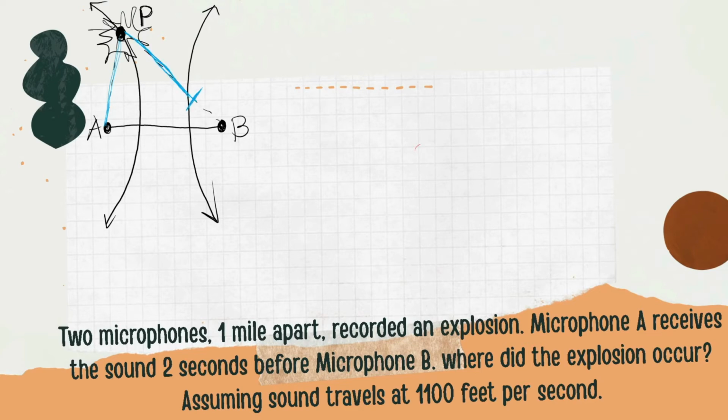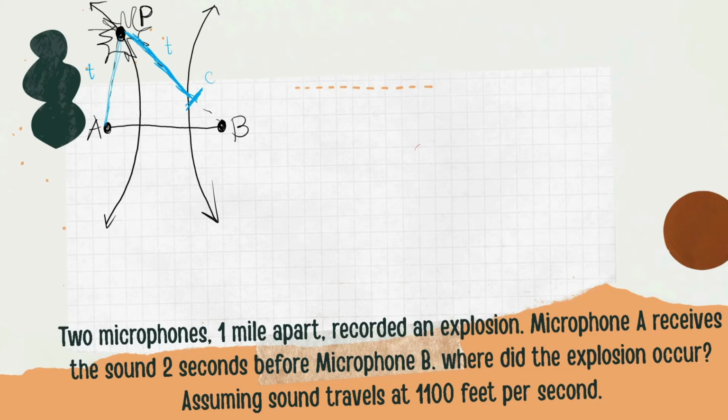At a certain time T, the sound has completed its travel to microphone A, and at that time T, the distance the sound has traveled toward microphone B is only up to here.